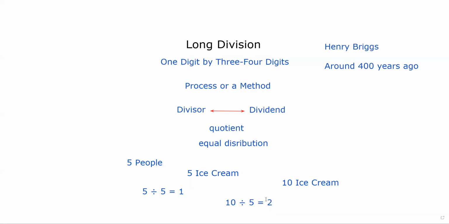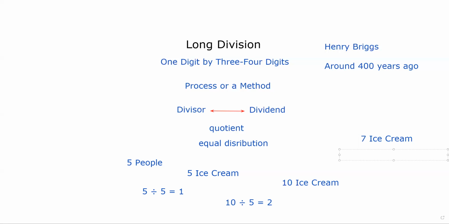Do we have any remainders? No. What if I brought 7 ice creams? Each person will have 1, and the remainder is 2.